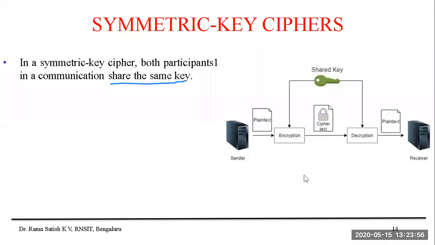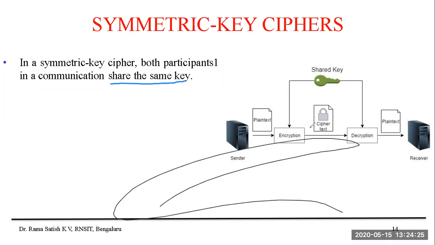And this key is always shared before you actually do encryption and decryption. They should know. That's why whenever you install a new software, they provide a key. When you use that key, the software gets unlocked and it is installed.